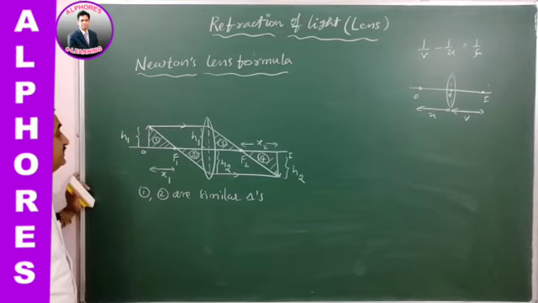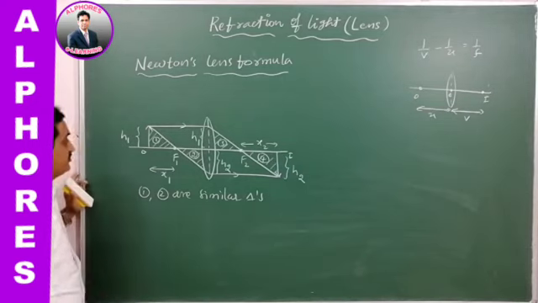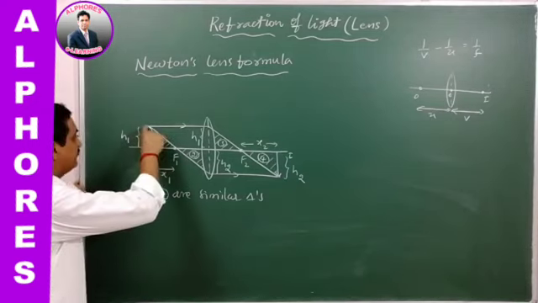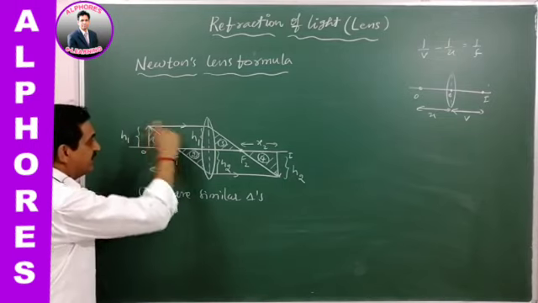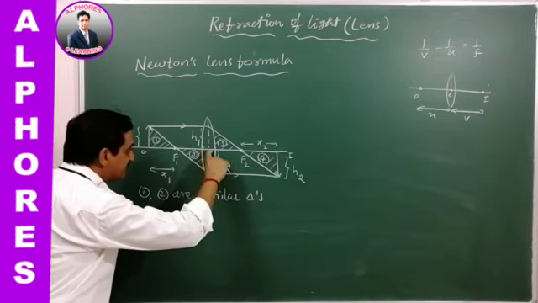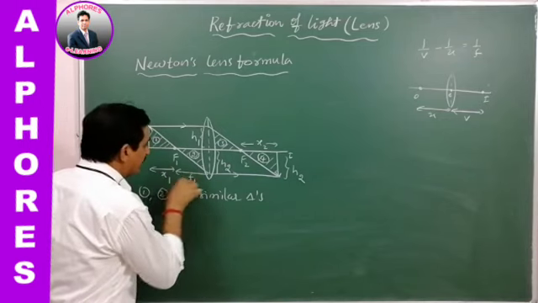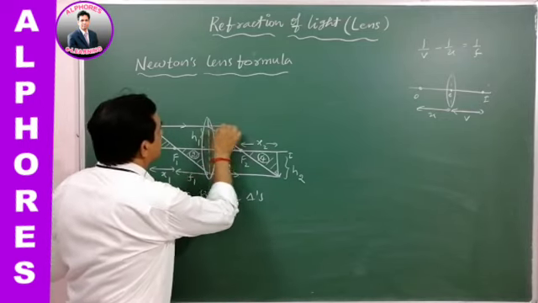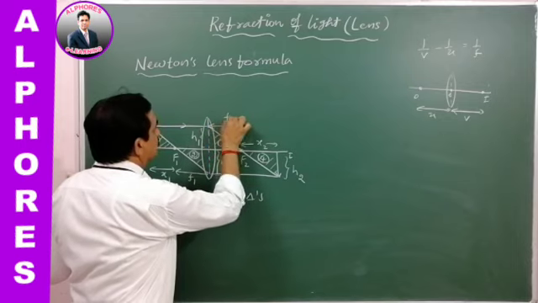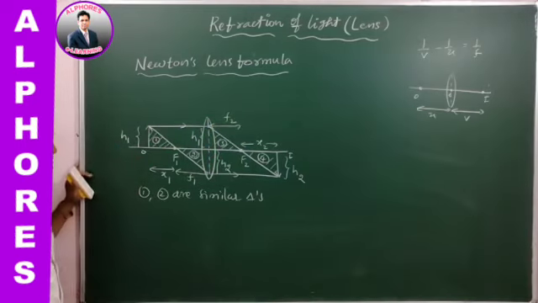Therefore, the ratio of their corresponding sides: h1 and its corresponding opposite side h2. Of course, from here to here it is focal length f1, and from here to here it is focal length f2, the other focus point.